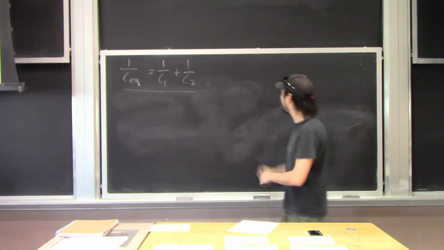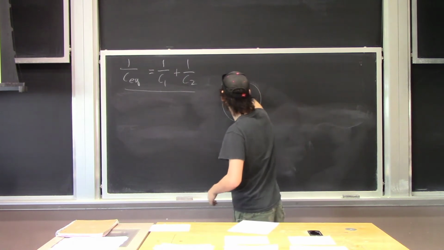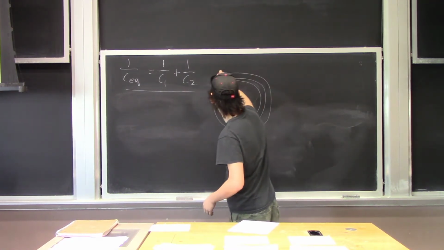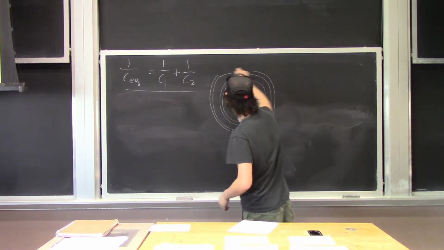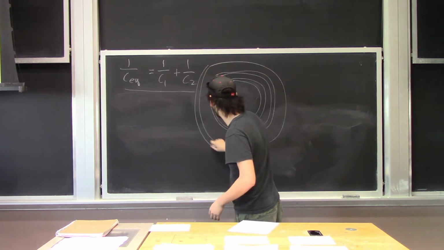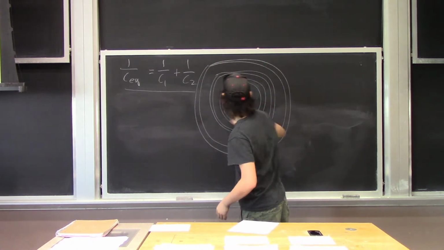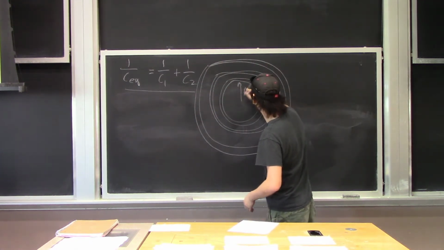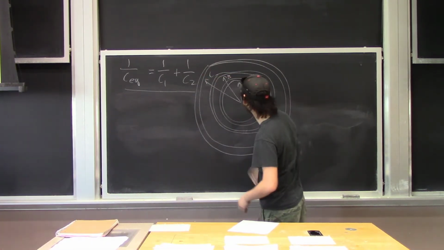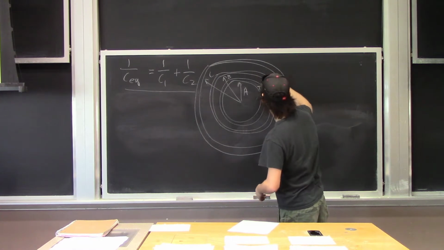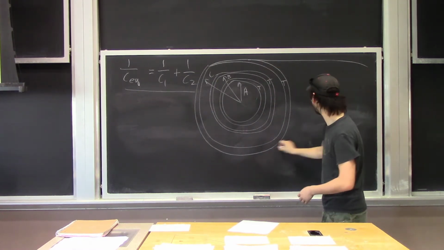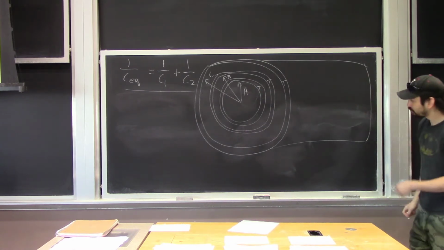So for the homework, what we had was these cylindrical shells, where this is some inner radius of A, some inner radius of B, and some inner radius of C. Each one of these shells has some thickness of T, and this was cylindrical, so it kind of came out like this.